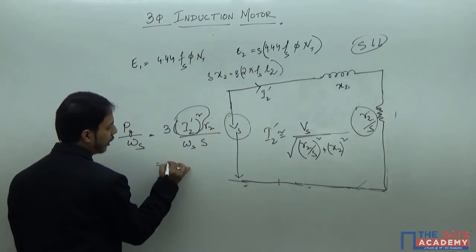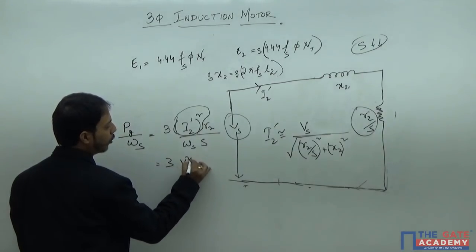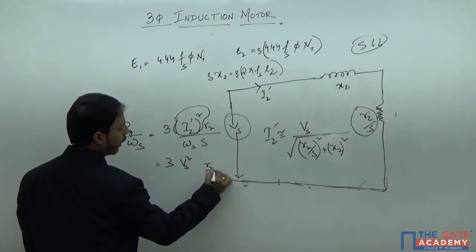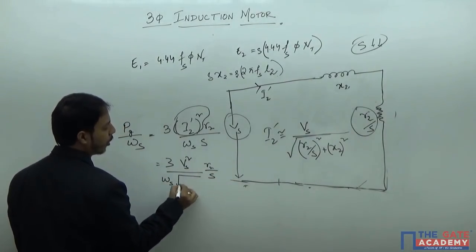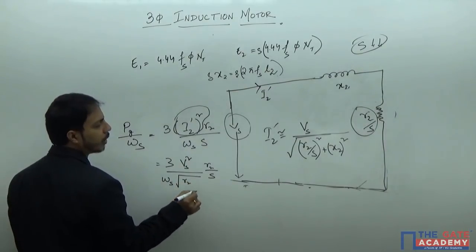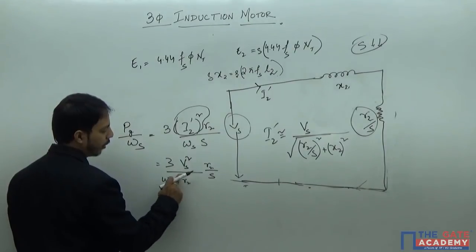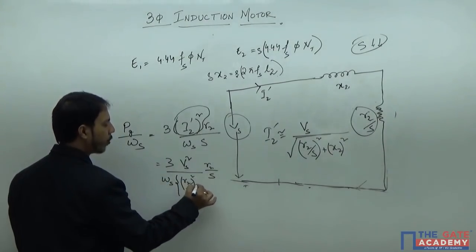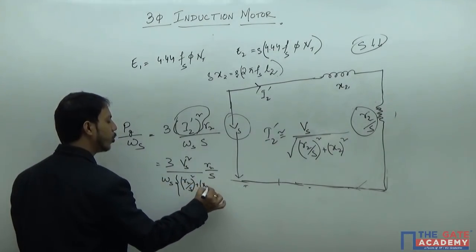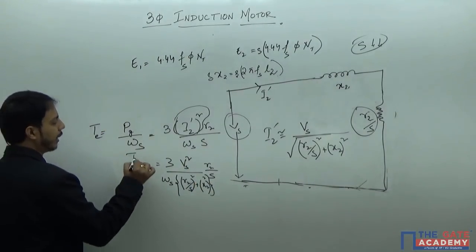I'll write the torque as V supply whole square times R2 by S, divided by omega S, over (R2 by S) whole square plus X2 whole square, since I2 square is there so the root is removed. So this is my torque.